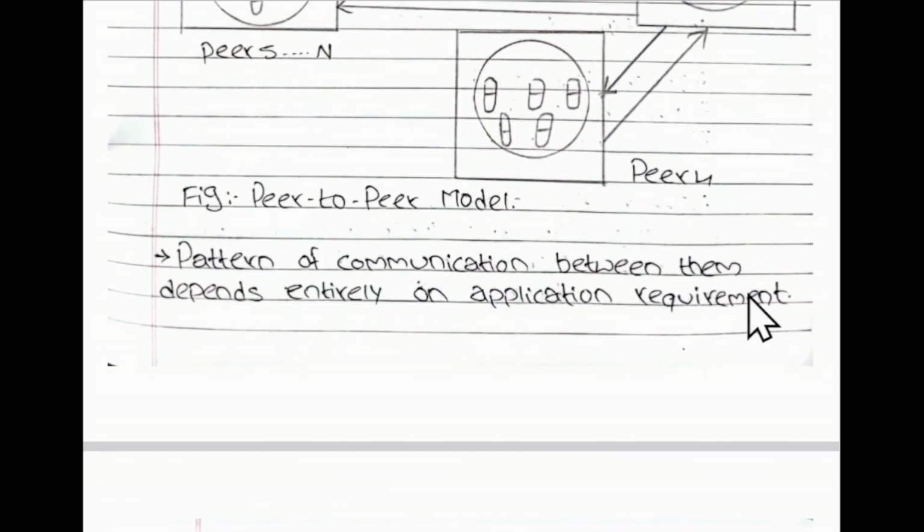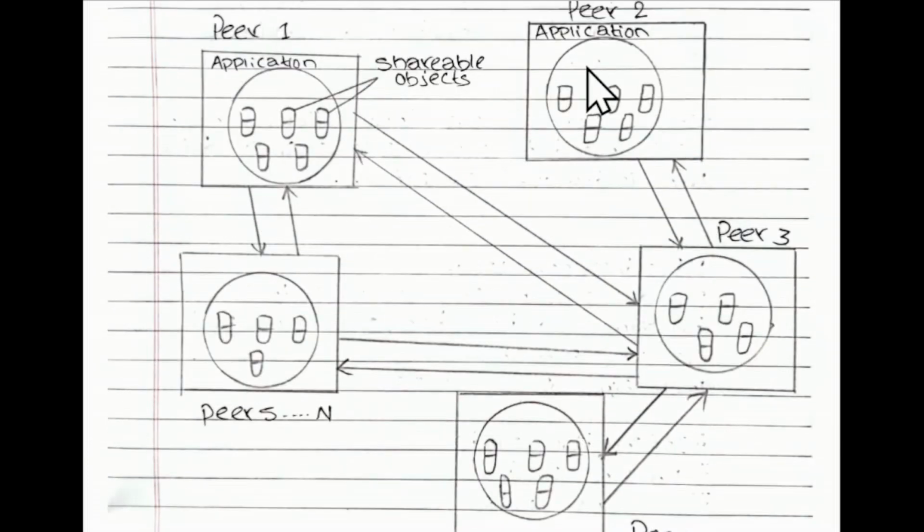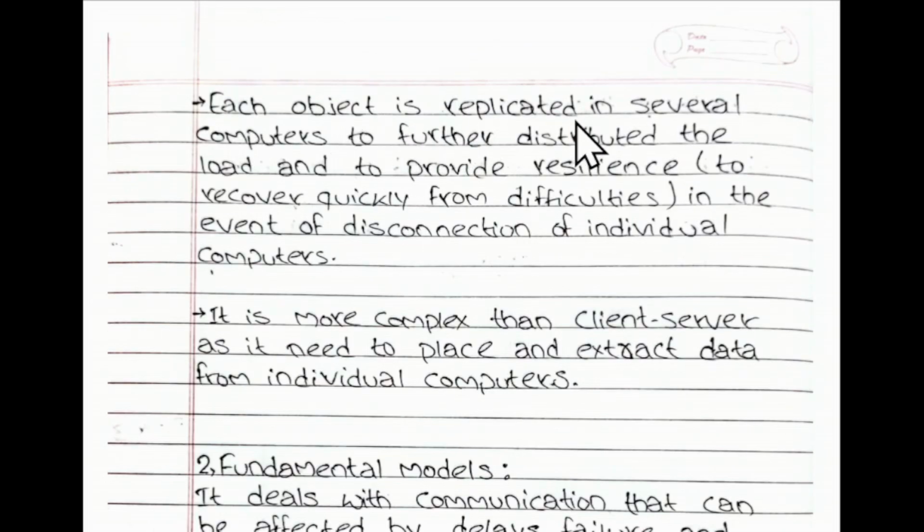The pattern of communication between them depends entirely on the application requirements. Each object is replicated in several computers to further distribute the workload and to provide recovery from difficulties, that is, in the event that some computers are disconnected.